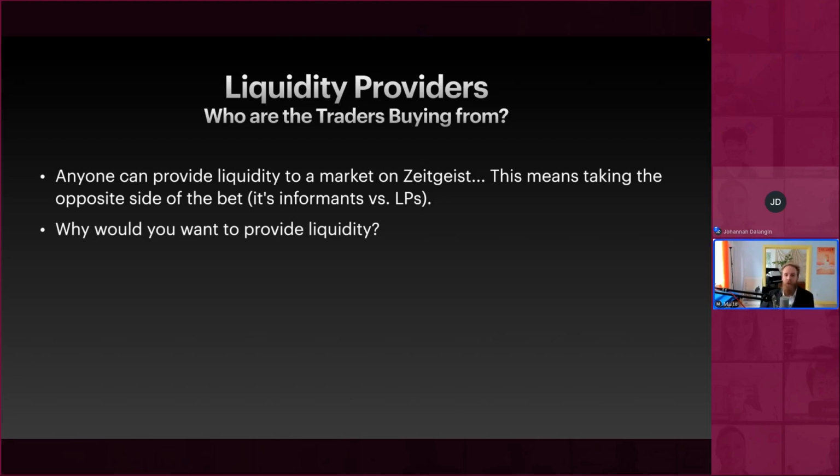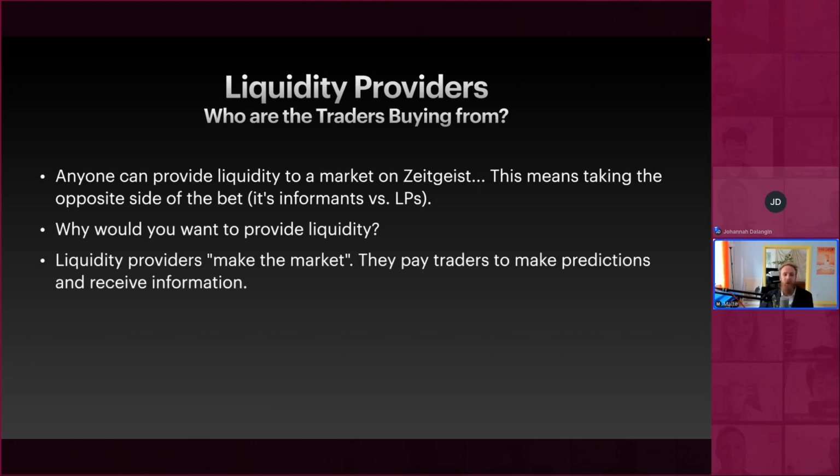Well, there are a couple of incentivizations here. First of all, liquidity providers make the market. So if you want the market to exist, if you want the traders, or the informants, to provide information, you have to make the market. So if you're interested in the information, you have to provide liquidity.